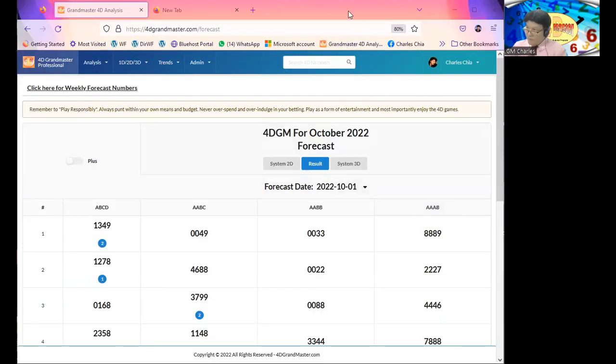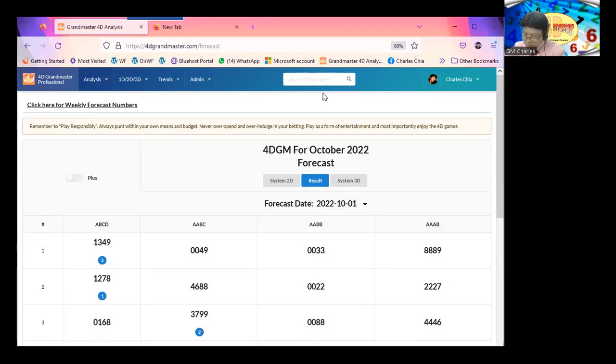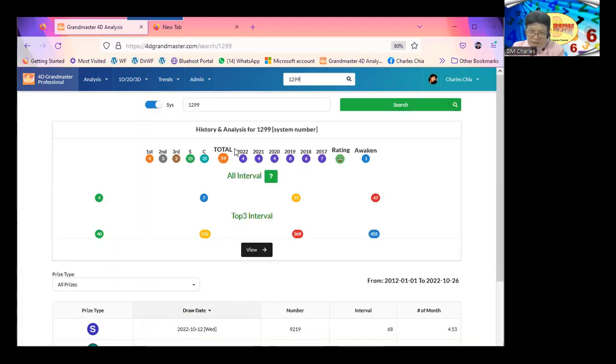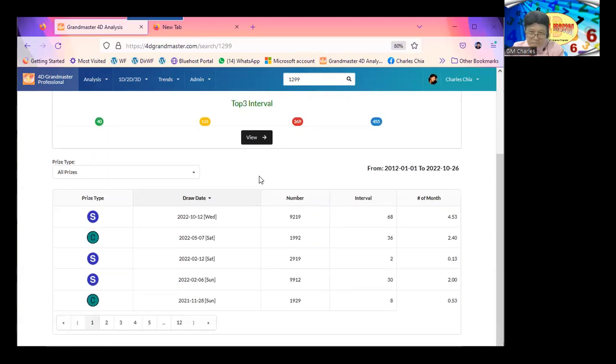This is the program able to tell you. Let me show you one example. Maybe 1299. This is a number which is considered a good number. Now I show you the graph.